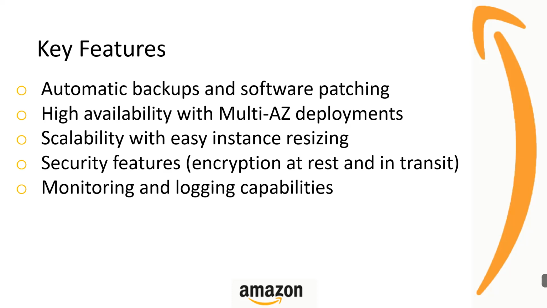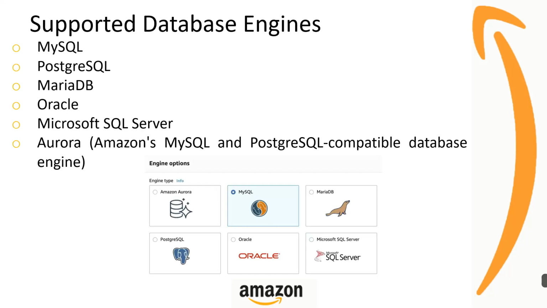Instance means there is some specification, meaning how many CPUs, how much RAM, right? So with easy instance resizing, we can easily increase the resources of the database instance, right? Security features, monitoring and logging are also key features of AWS RDS.